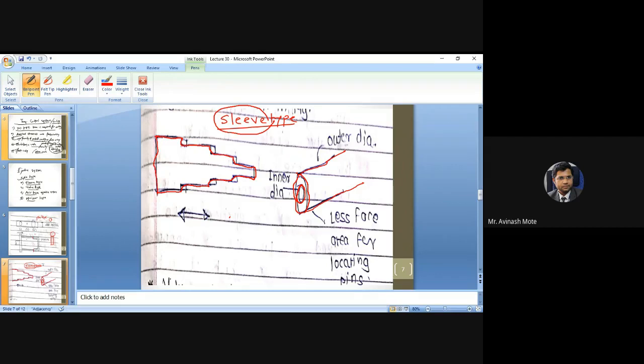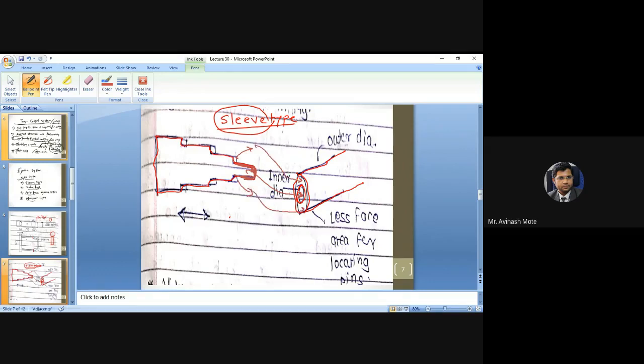Now check this one. So this surface, this much part, I'll show it with a different color. Getting it? Only this much part will enter in this cavity or in this hollow area, and these two will rest, one on this, another on this.